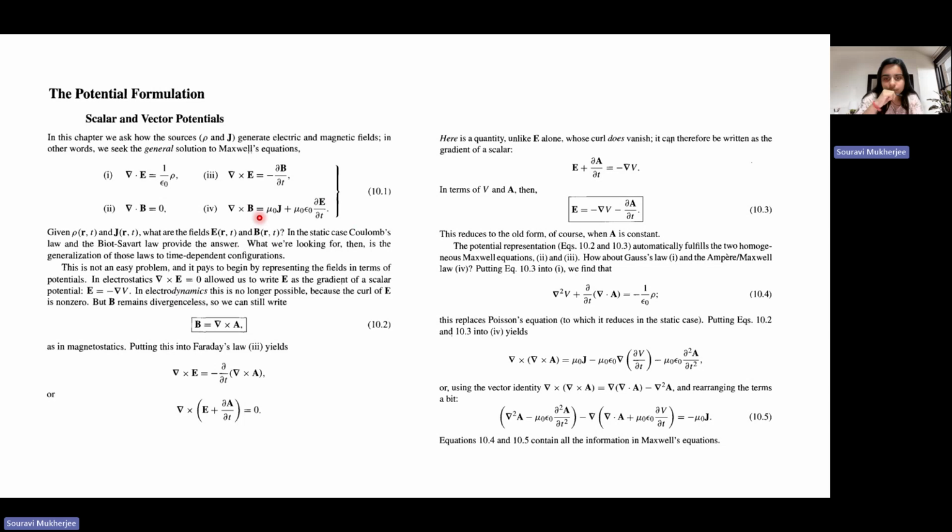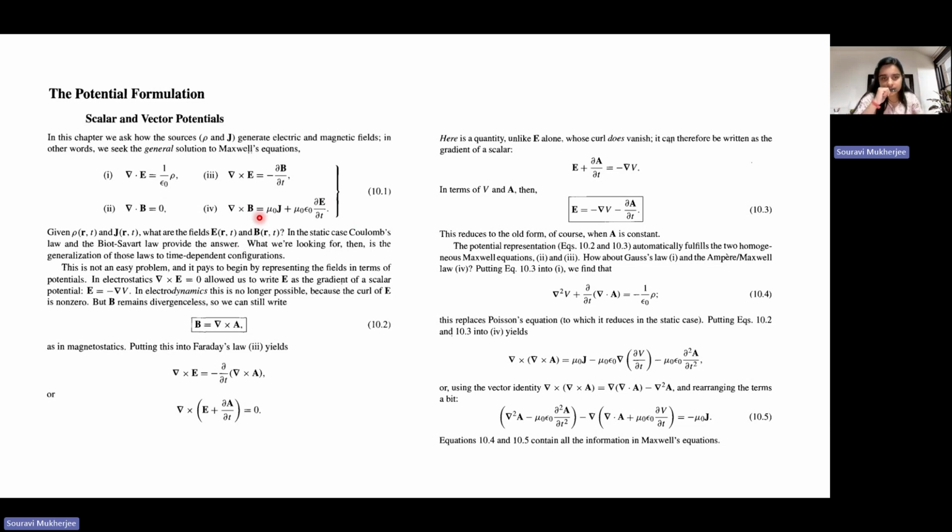And why we want to do that is because we ultimately want to write electric and magnetic fields in terms of the scalar and vector potentials, because they're easier to deal with. We know that suppose if you want to find the electric field at a certain point, it's much easier to first find the potential, which is a scalar quantity, and then find the electric field from there, right? Similarly, vector potentials, you can add certain conditions to it.